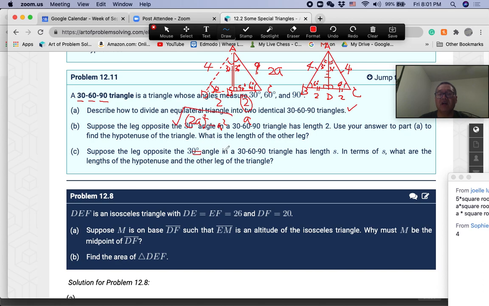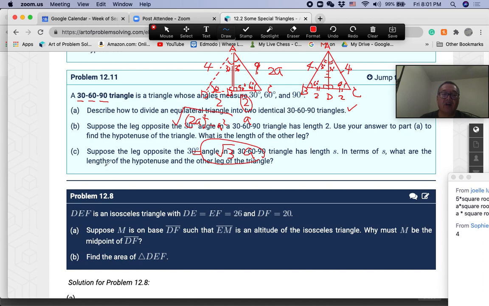This one you get root 3 times A. Okay, this will be the length of the other leg. If you know the side opposite the 30 degree angle equals A, then the hypotenuse of this right triangle will equal 2 times A, and the other leg will equal root 3 times A.